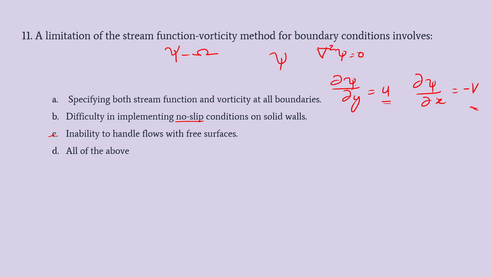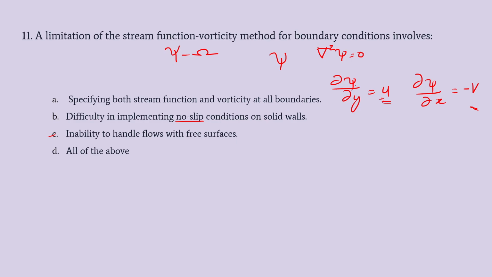In whichever problem we have, the boundary conditions will be mostly in velocity. It can be either values of velocities, pressure, or something like that, or conditions like some Neumann conditions.